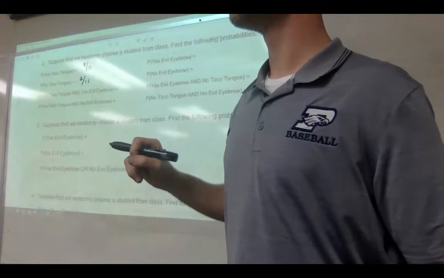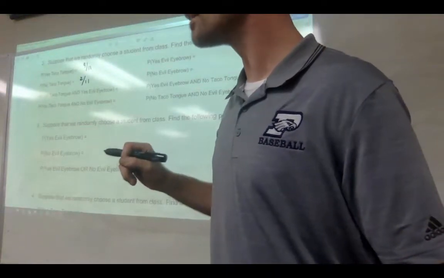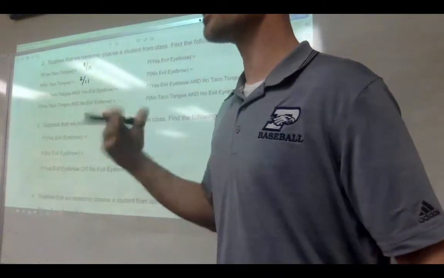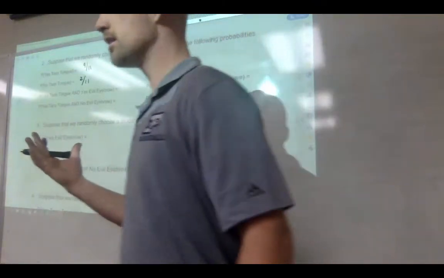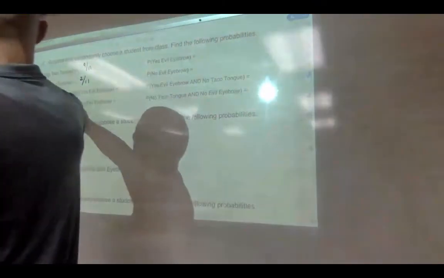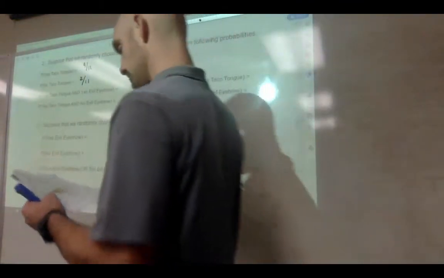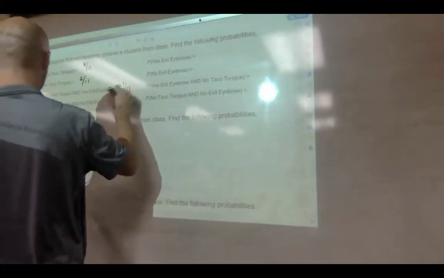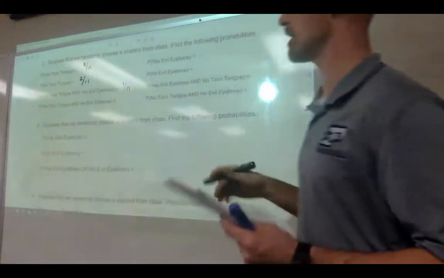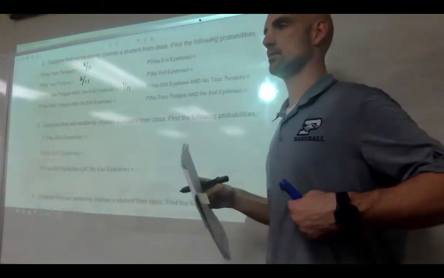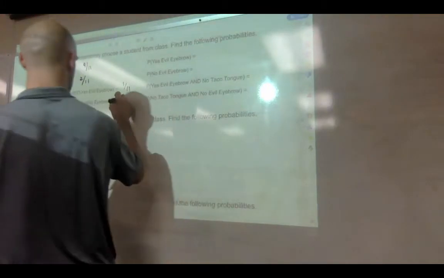Complementary events, right? Together they should add up to 1. Probability of yes taco tongue and yes evil eyebrow. Probability yes to taco tongue and no evil eyebrow: 8 out of 11.